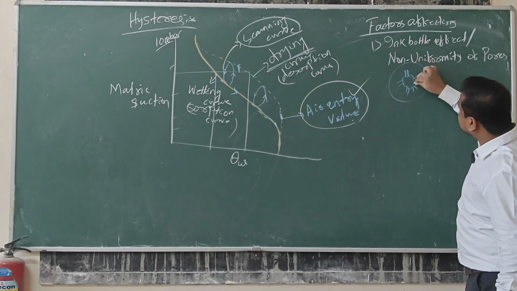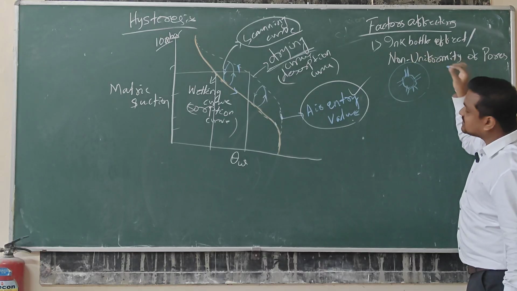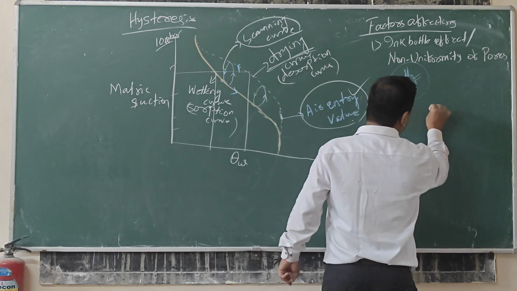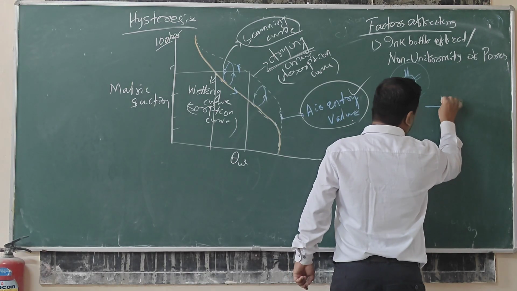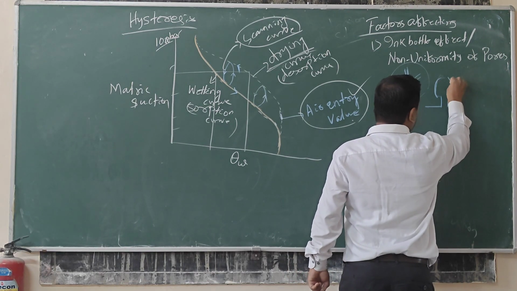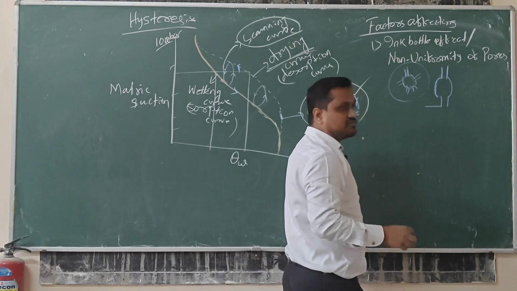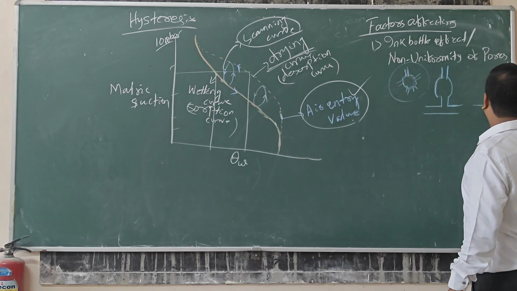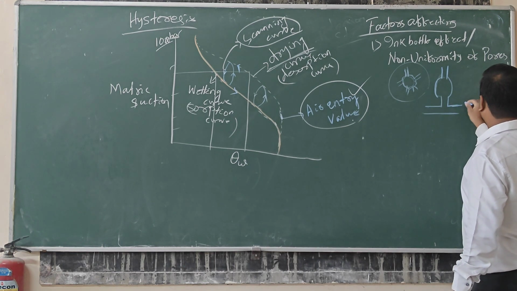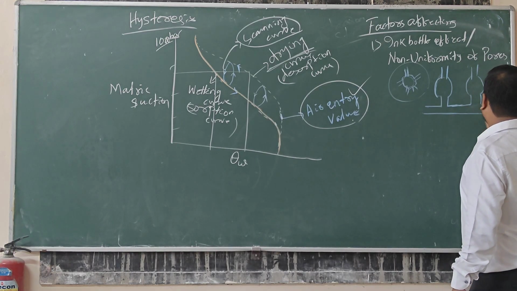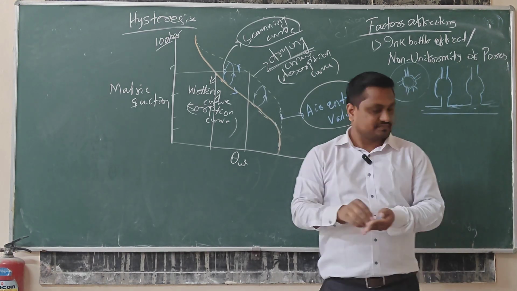We can say this is its body, and this is its neck. If we want to draw, here we will draw this ink bottle. There will be your neck and your body. And you can see this is the soil water.